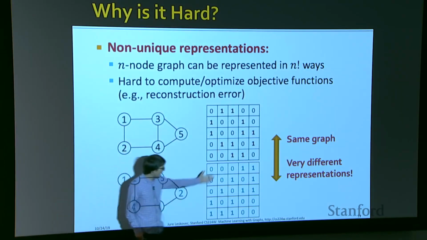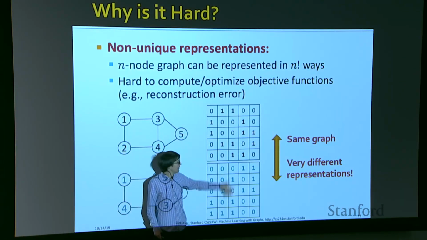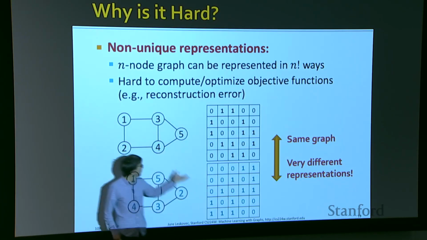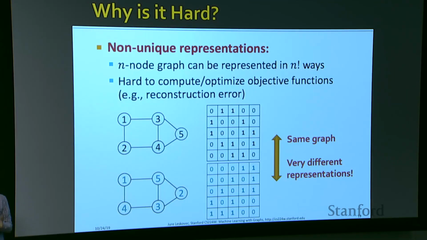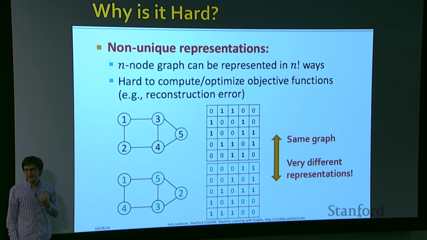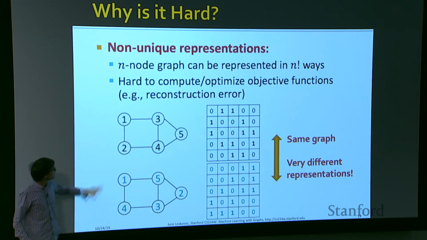But the output I would get is very different, even though in some sense it should be the same. It's the same graph, right? So we have this huge problem of non-uniqueness: a graph on n nodes can be represented in n factorial ways, and n factorial is really a lot. So this is why this is hard.